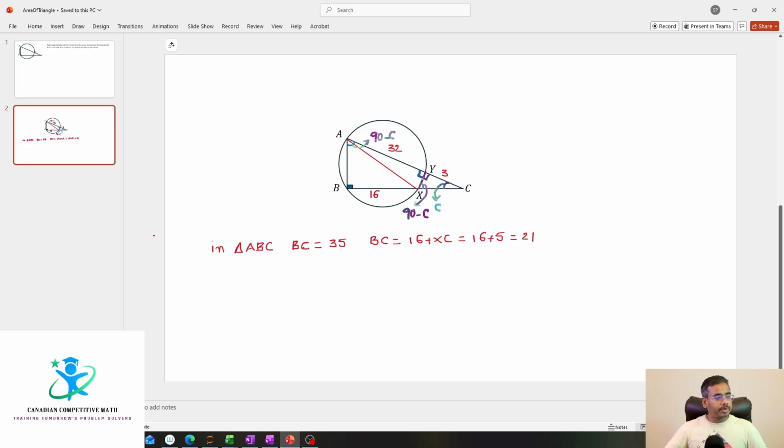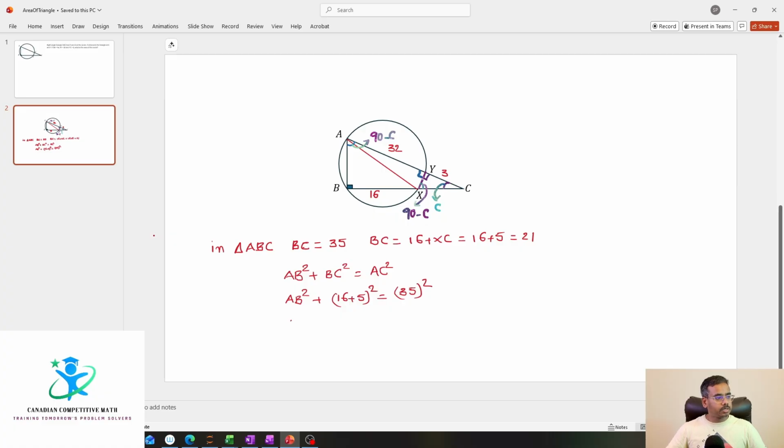So how do I find that out? If I take triangle ABC here, apply Pythagoras theorem, AB square plus BC square equal to AC square. So AB square equal to AC, which is 35 square, minus BC, which is 16 plus 5 whole square.